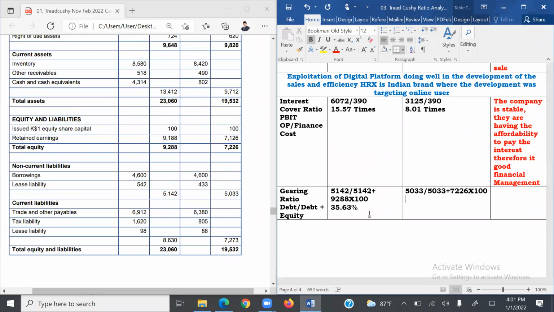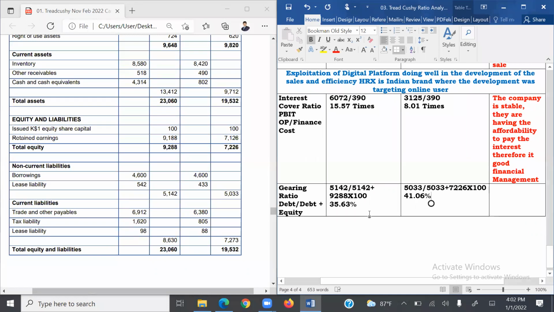Let's finish it off, students. 5,033 divided by 5,033 plus 7,226 multiplied by 100, it is 41.06%. Correct me if I'm wrong, students. Are you getting that answer, students? 41.06%. This is the answer that you are getting.